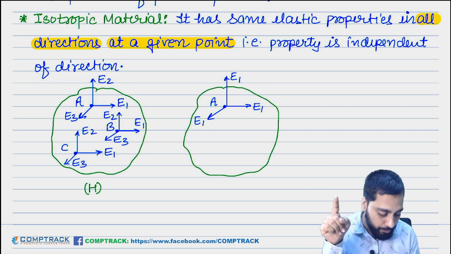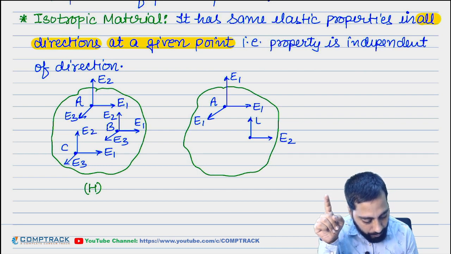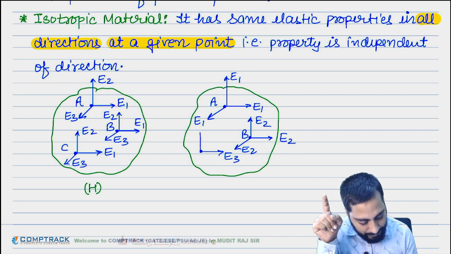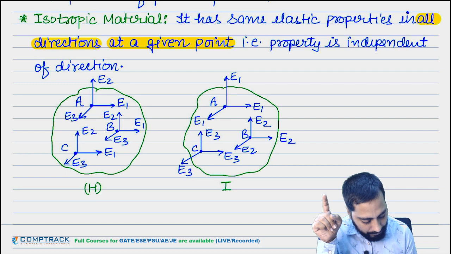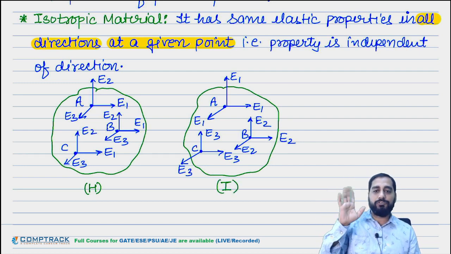But if you change the point, let's say you are now checking at the B point, then in X direction it can change to E2, but now in all directions it will be same E2. At C point it will be again like E3, here also E3, here also E3. Like this. So this is actually your isotropic material. This is homogeneous, this is isotropic.